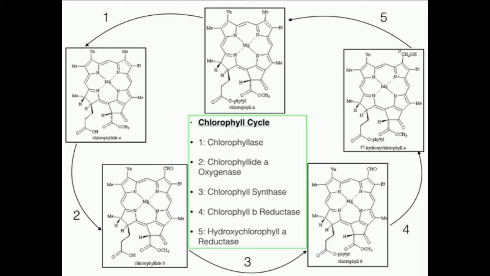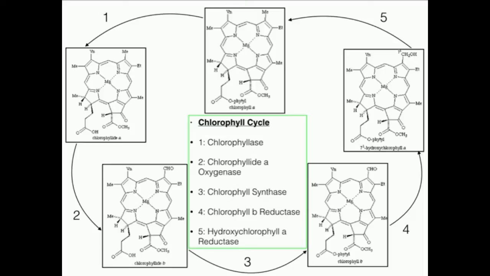Once we get that aldehyde on there, we can react chlorophyllide B with chlorophyll synthase. Chlorophyll synthase catalyzes essentially the reverse reaction of chlorophyllase up here. It's going to reattach the phytyl chain. So notice here in chlorophyllide B, we just have a simple carboxyl group. When we react with chlorophyll synthase, we get this phytyl chain back.